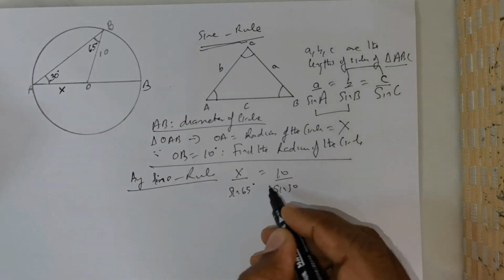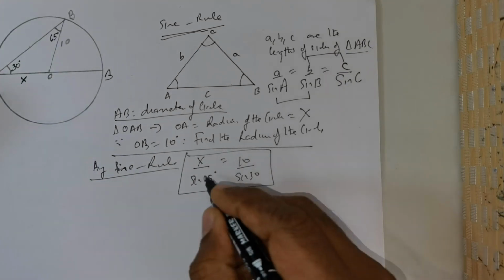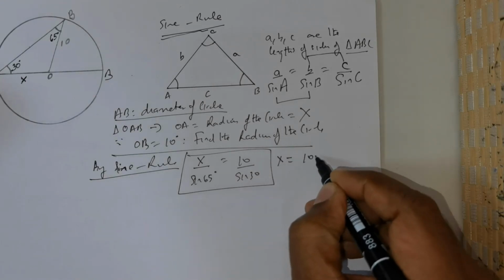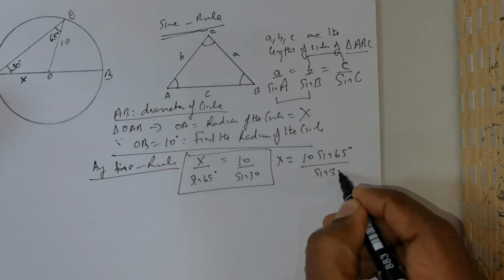So I can just use these two relationships or the connecting ratios. I need to get x, so what I wish to do is I will rewrite this as x is equal to 10 times sine 65 divided by sine 30.